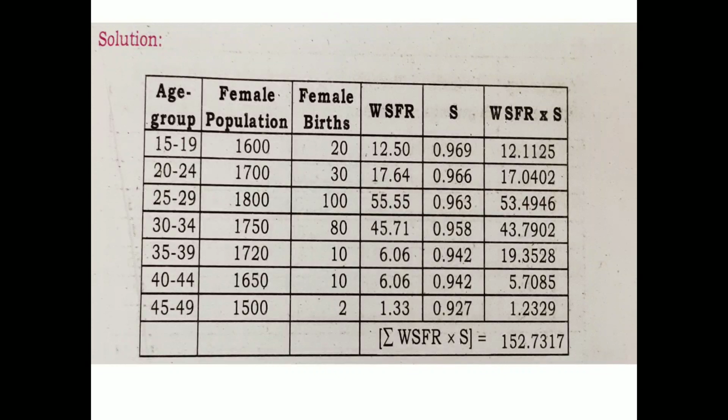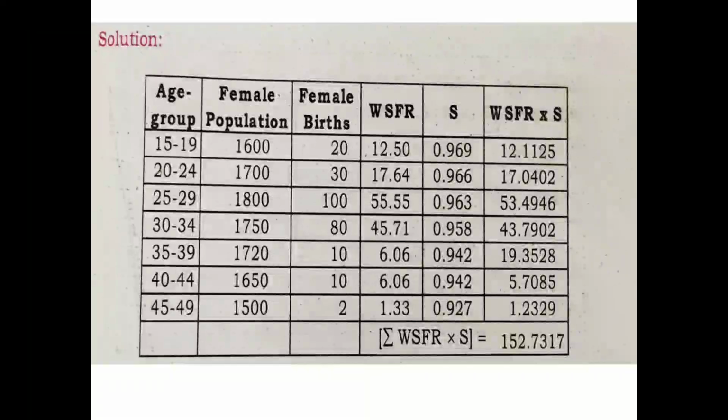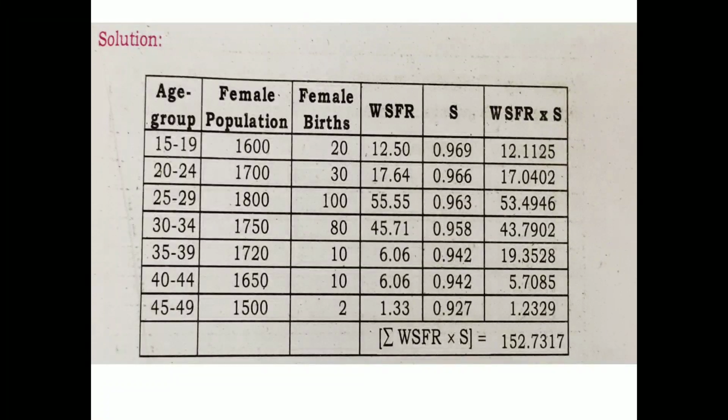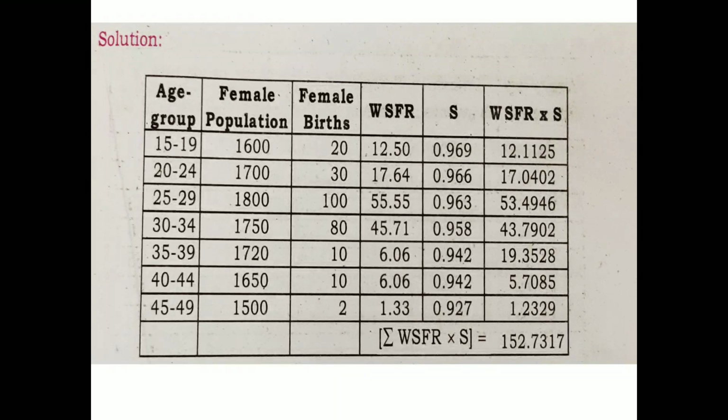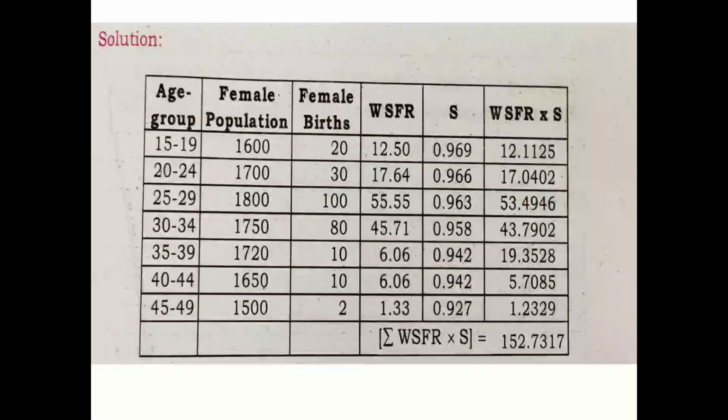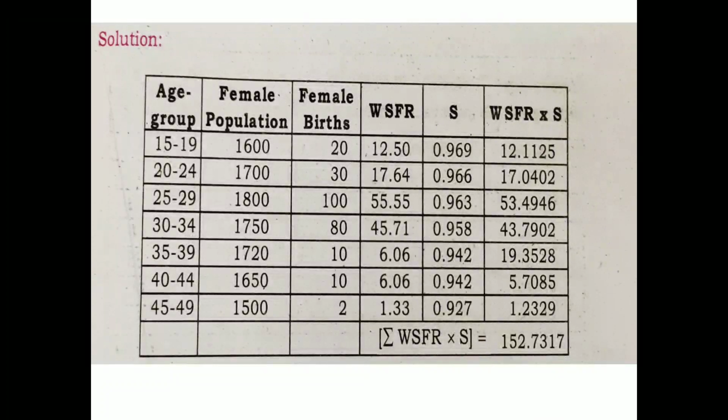Corresponding respective survival rates are given. So first multiply. Make a column at the last, that is WSFR into S, and similarly do the multiplication and get the answer. Adding all these WSFR into S will give you the summation, which is equal to 152.7317.